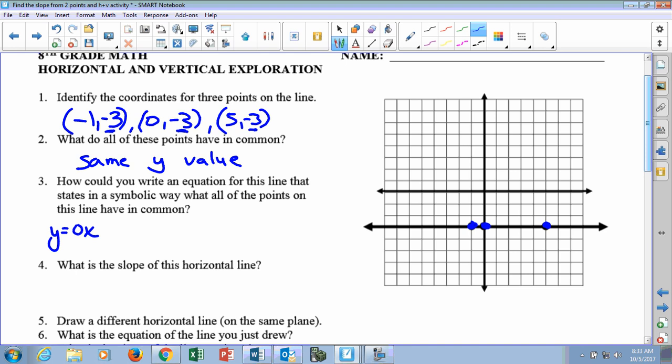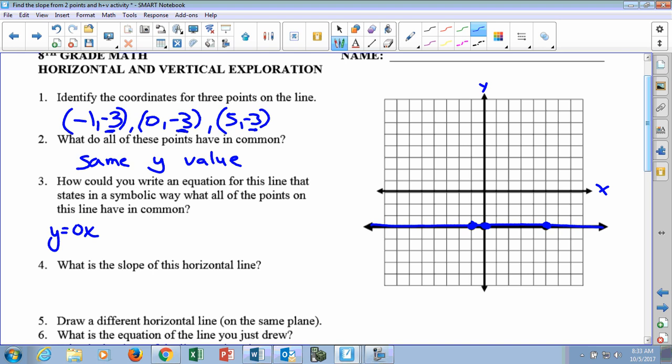Where does this line touch the y-axis? This is the y-axis, here's the x-axis. So where does this line touch the y-axis? Joanna, where does it touch?